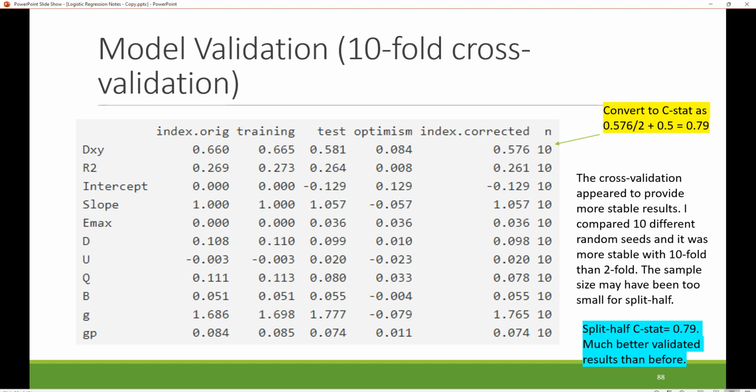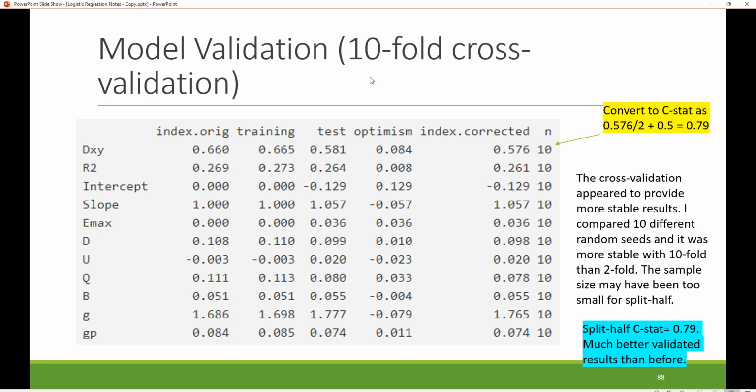So in summary, we have less overfitting because we have fewer variables, and now that means we have better model validation, and when we use this model in the future, it's going to hold up better, and we're going to have better opportunities to help our patients.